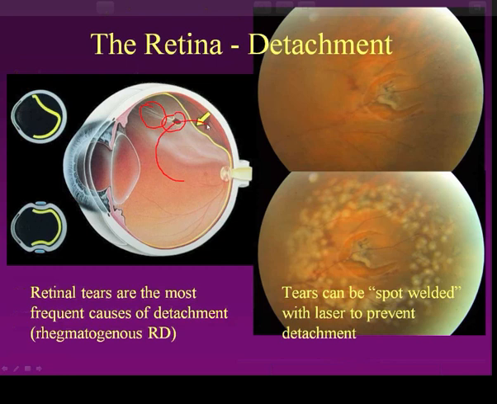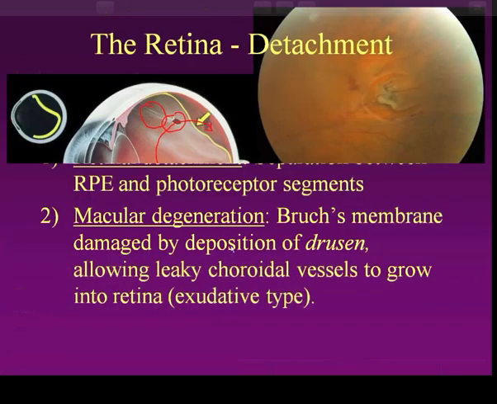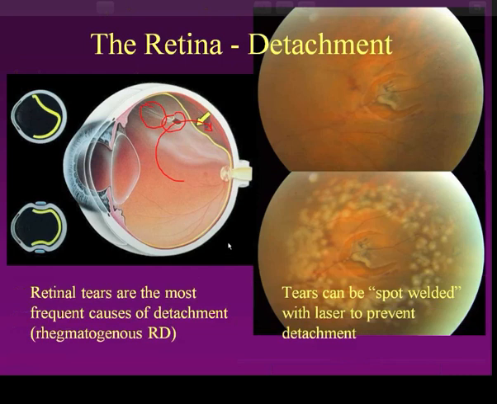The tear allows fluid from the vitreous to enter the subretinal space. The subretinal space, I'll show you a picture, is the space in between the photoreceptors and the retinal pigment epithelium. So a retinal detachment does not detach the retinal pigment epithelium, but everything else above it.